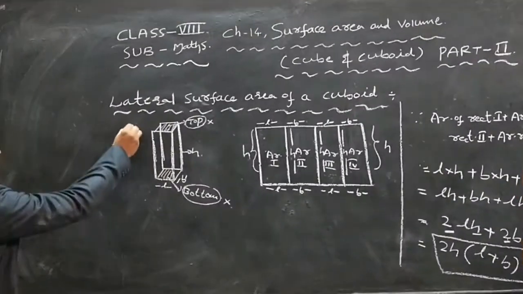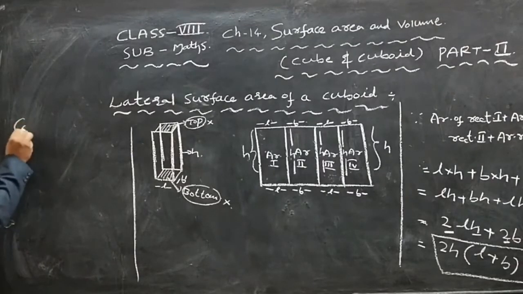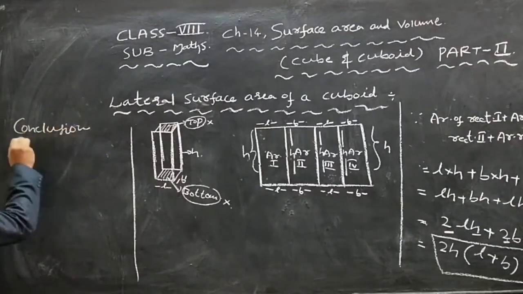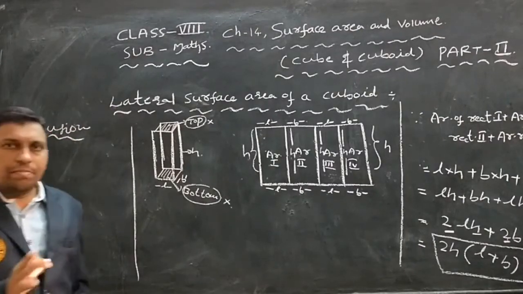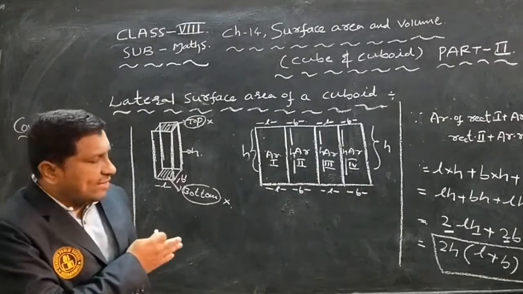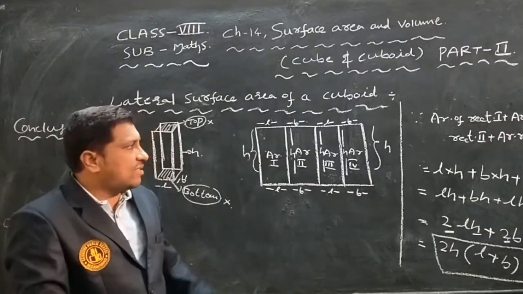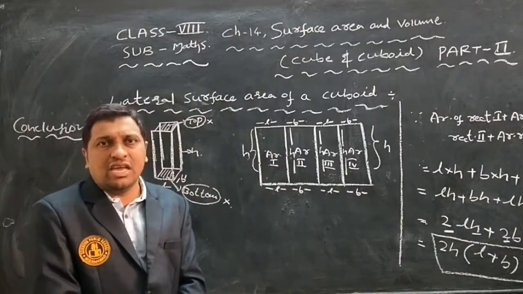Understood? Therefore, what is the conclusion here? Here we get three formulas. In the previous class we discussed the total surface area and volume. In this class we calculated the lateral surface area of a cuboid.